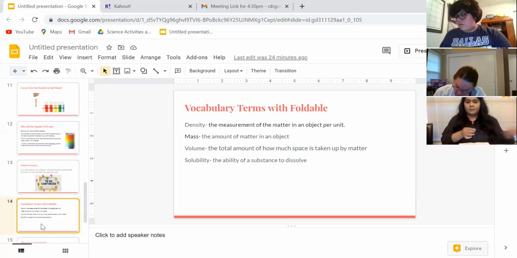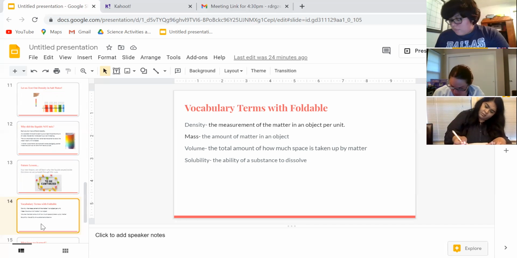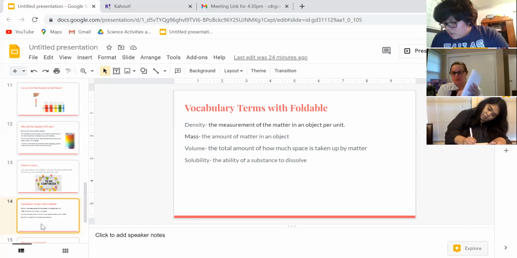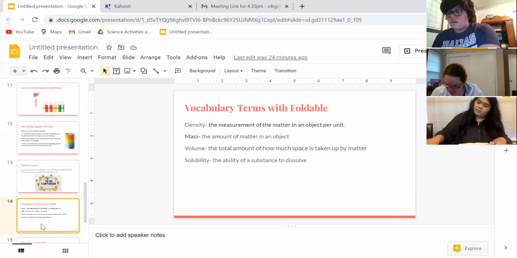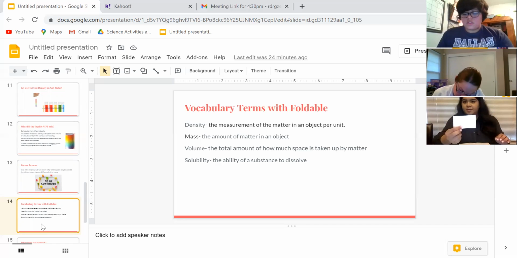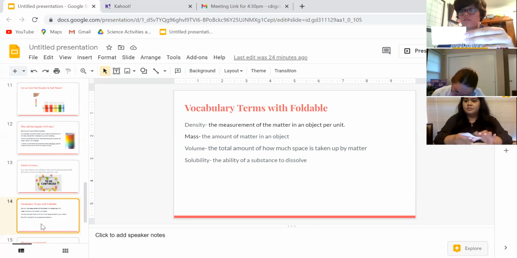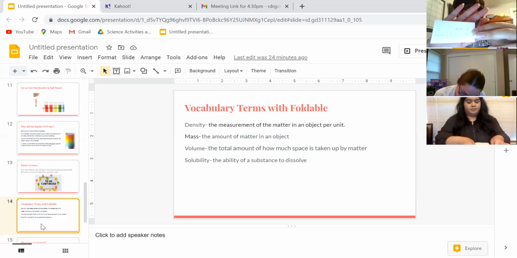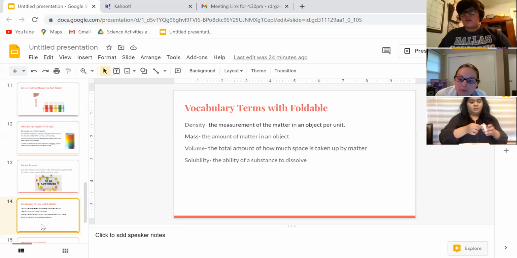And then next we have what is volume. The volume is the total amount of how much space is taken up by the matter. Similar to our slide in our presentation, we should have the cup for this one, and we're going to paste that.